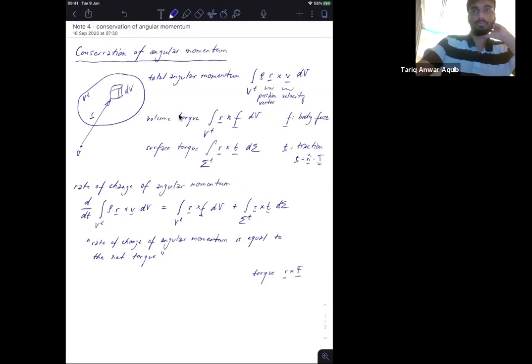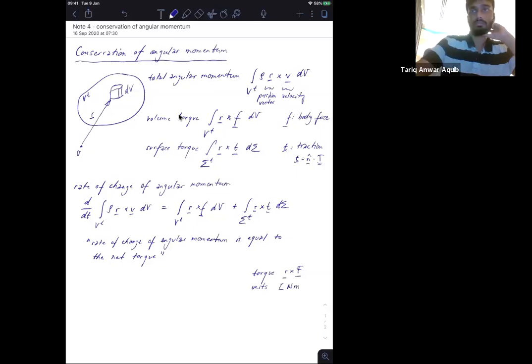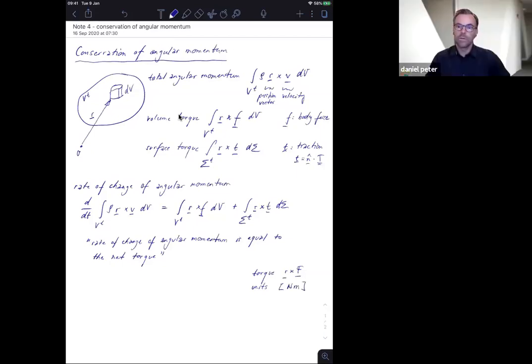So the unit is basically the Newton meter. And if you look at the rate of change of angular momentum, it must have the same units as the torque. Good.